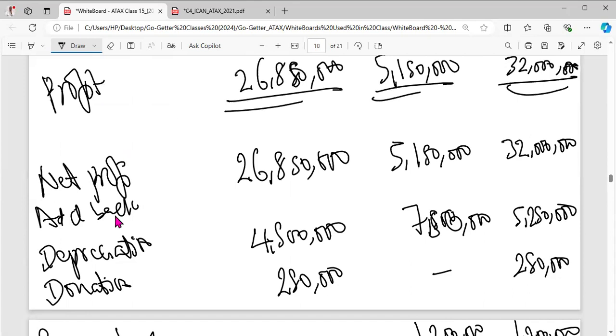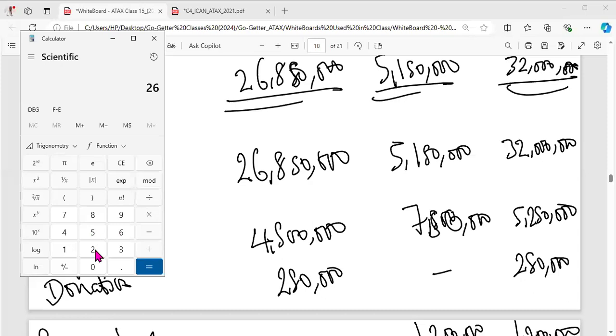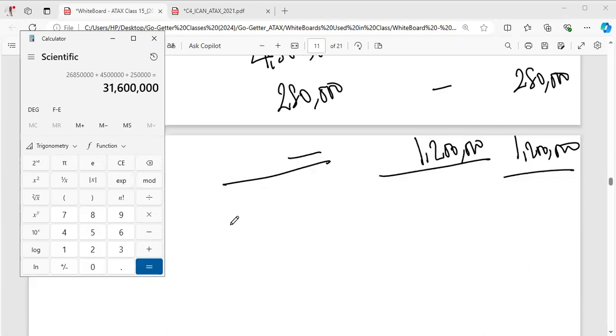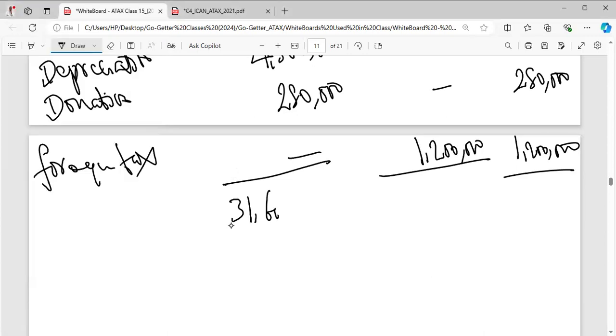We have 26,850 plus 4,500,000 plus 250. We have 31,600. So this is your adjusted profit.